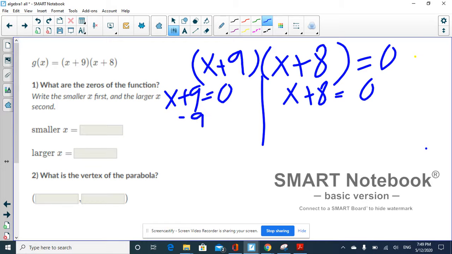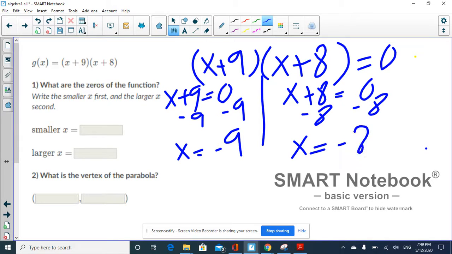Subtract 9. So x equals -9. Subtract 8. X equals -8. Which one is smaller? Yes, -9. And -8 is larger. What is the vertex this time?